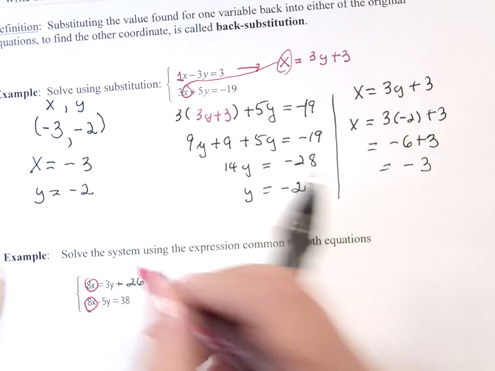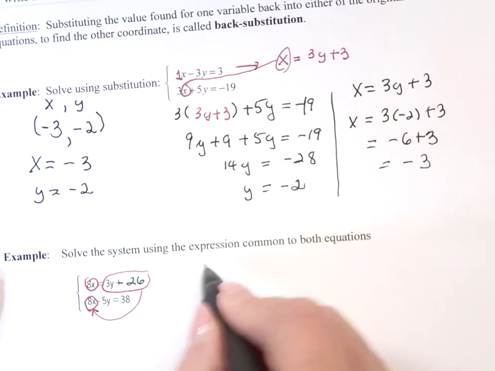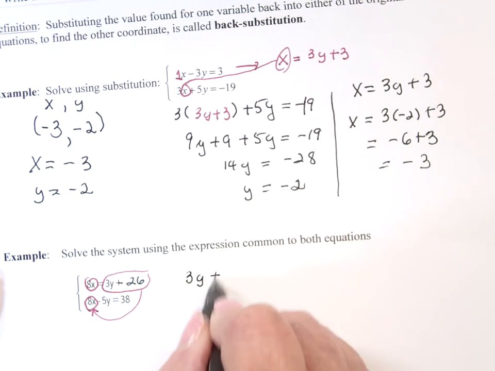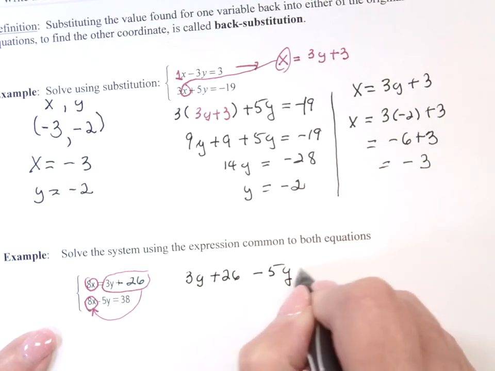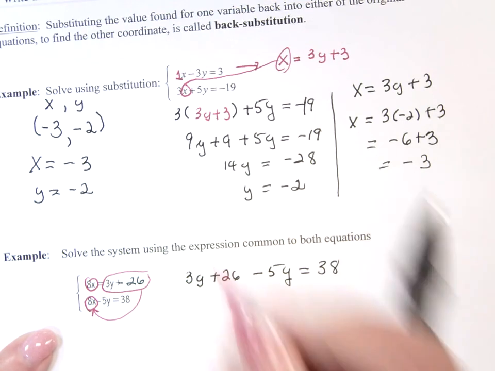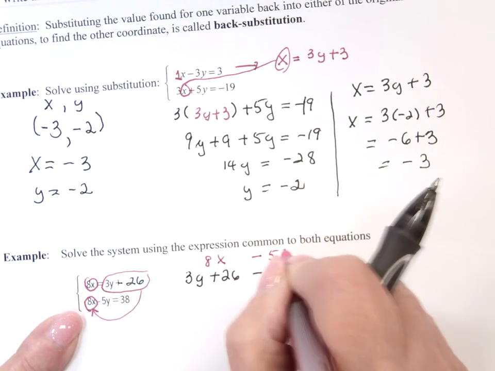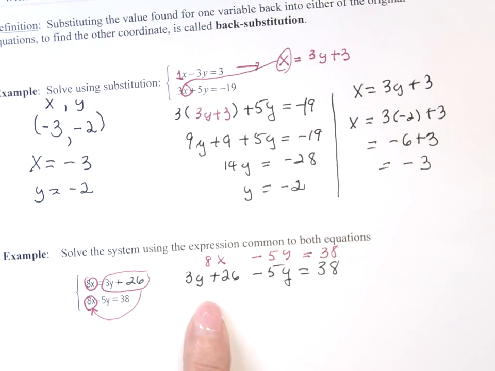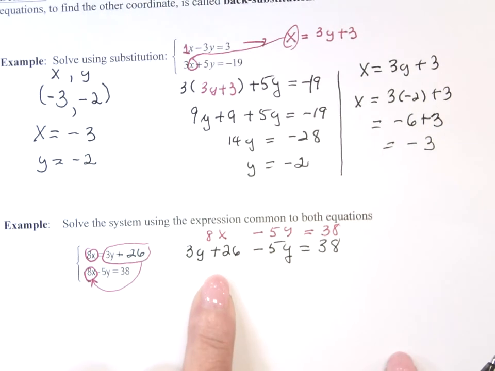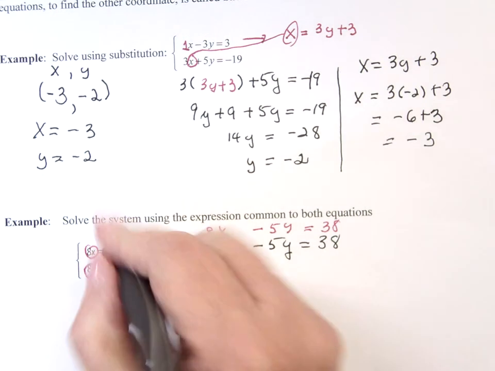So that says that now the 3y plus 26 will go in for that 8x. So therefore, 3y plus 26, minus 5y equals 38. I'm going to put this above here. This ends up being 8x minus 5y equals 38. So 8x gets replaced by 3y plus 26.